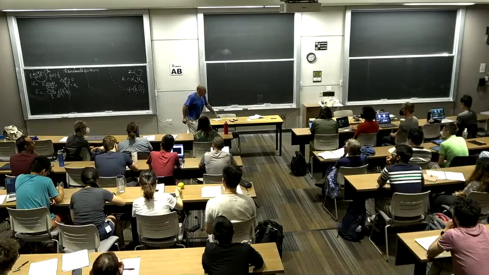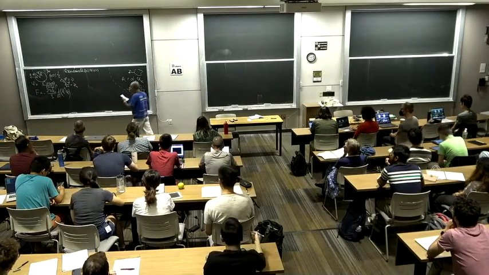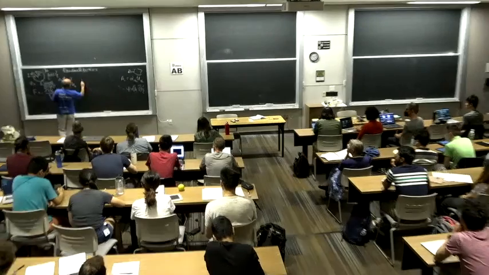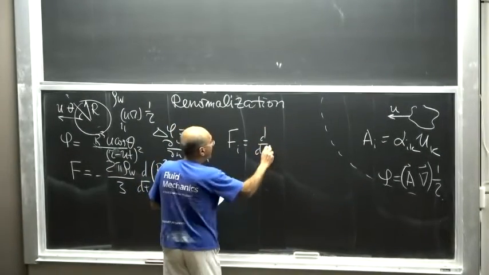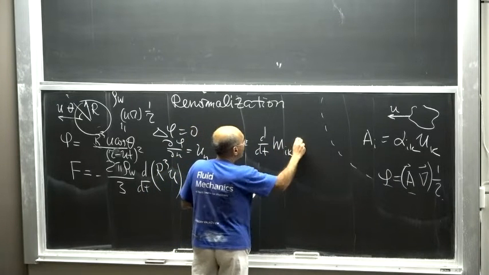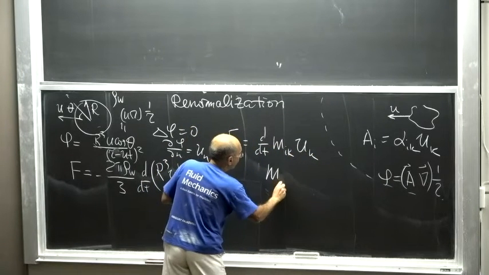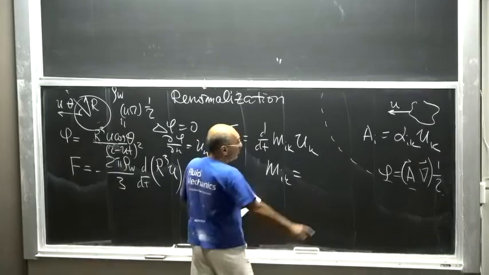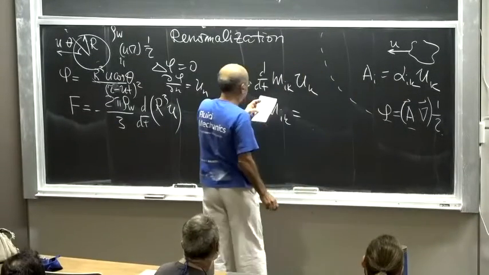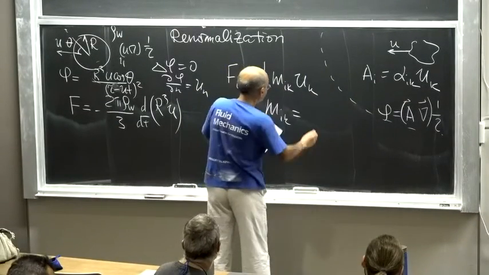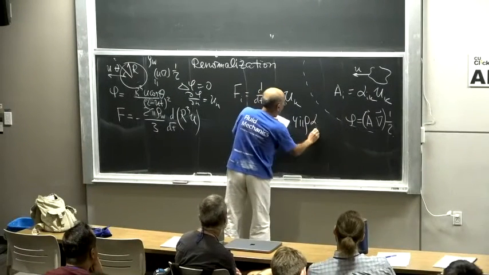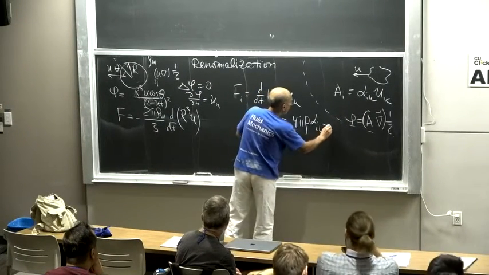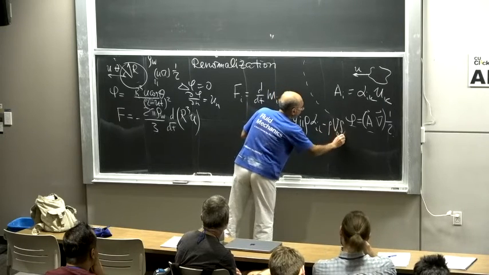So now, in this particular case, you again may show that your force is d/dt of M_ik U_k, and M_ik could be expressed through this alpha, where this expression is 4 pi rho alpha_ik minus rho V naught delta_ik.